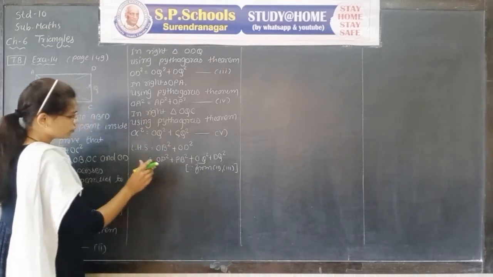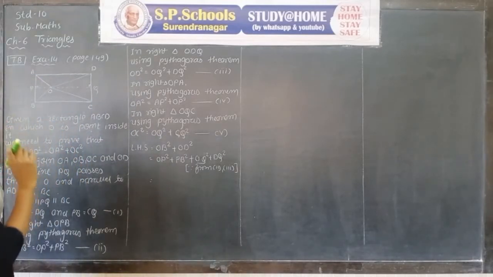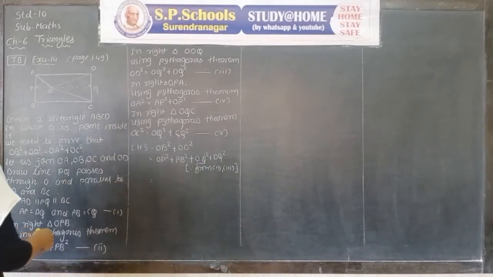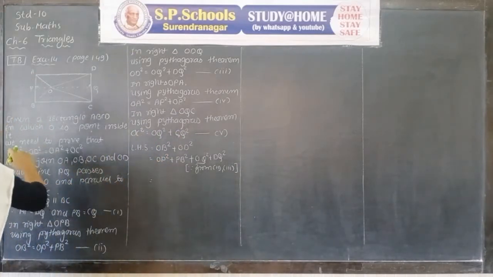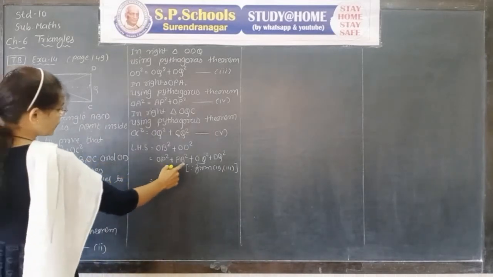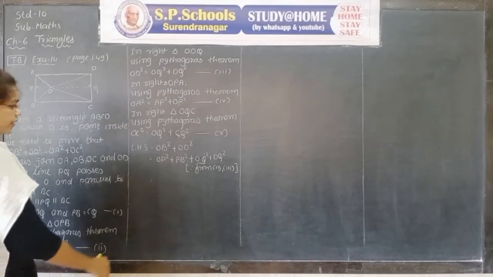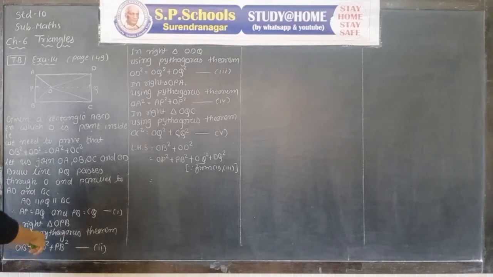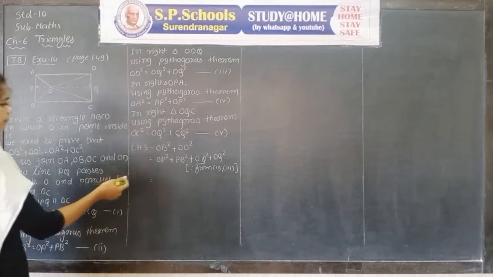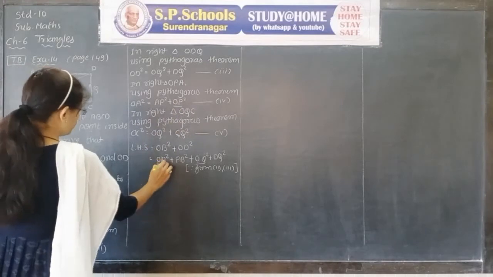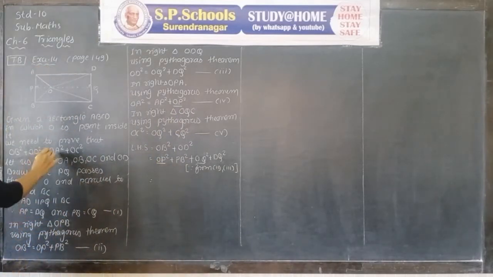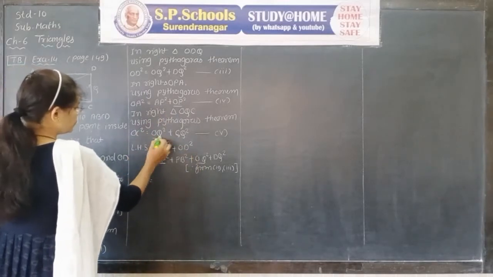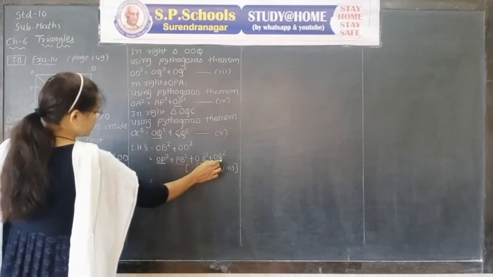Now, to obtain OA square plus OC square, we require AP and OQ. OQ is already here, but we don't require OP in that form, so we have to replace it. Again we require OP for OA, because OA square contains OP square and OC square contains OQ square. We don't know PB square and DQ square.